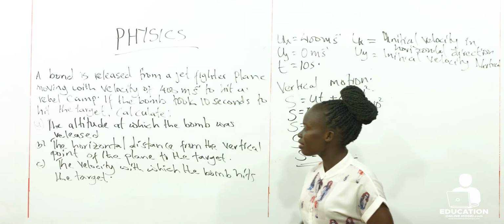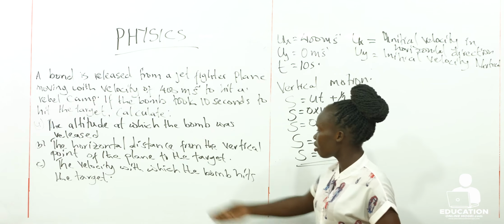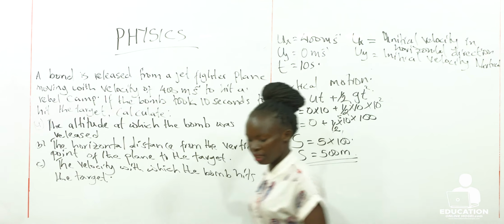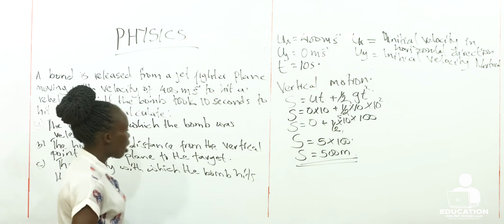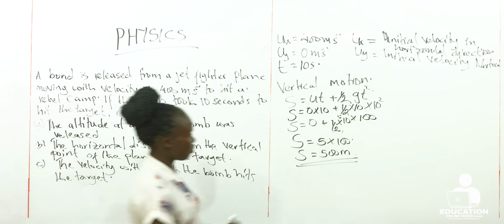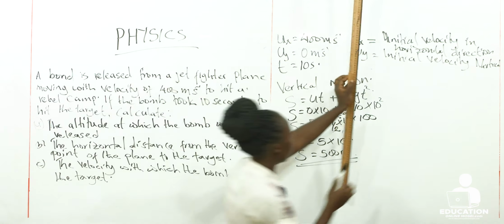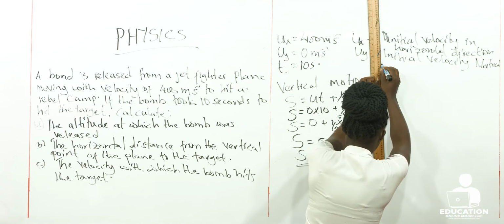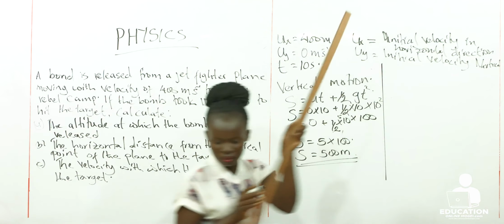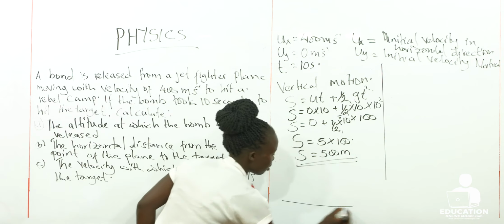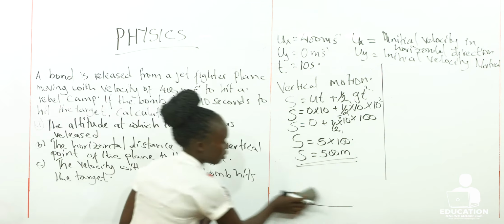Then let's look at the second, the horizontal distance from the vertical point of the plane to the target. So assuming this is our horizontal distance here.